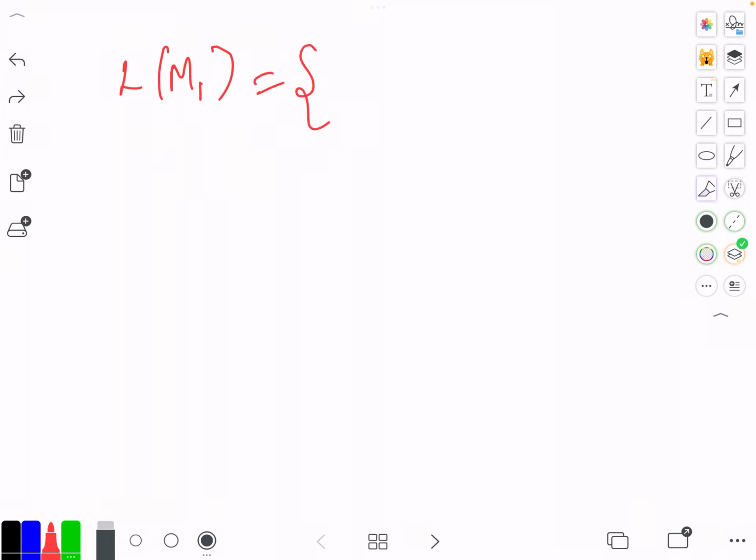Now the model M1, the model which recognizes the language, recognizes a regular language containing substrings of ones, so it is regular.